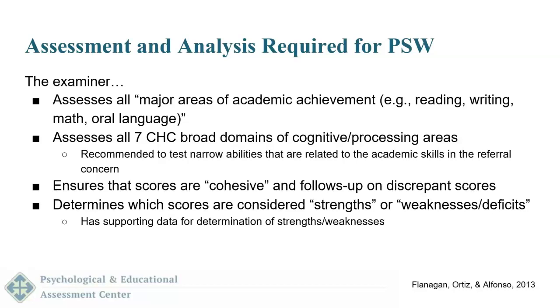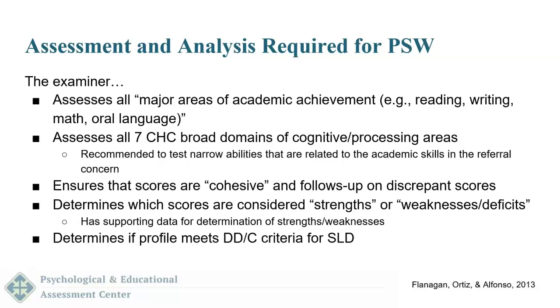The authors emphasize that supporting data should be used whenever the examiner is making a professional judgment, such as determining strengths or weaknesses. It is the responsibility of the examiner to conduct a comprehensive evaluation and determine with supporting data if the individual demonstrates a profile consistent with a specific learning disability.